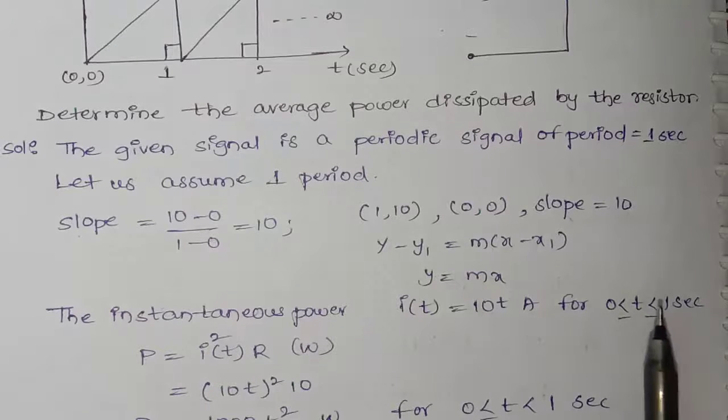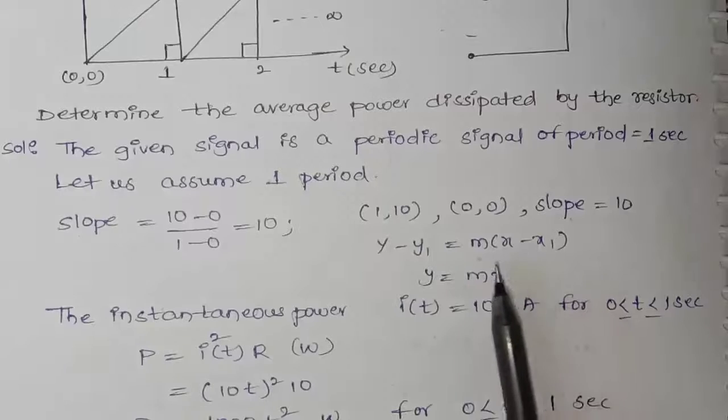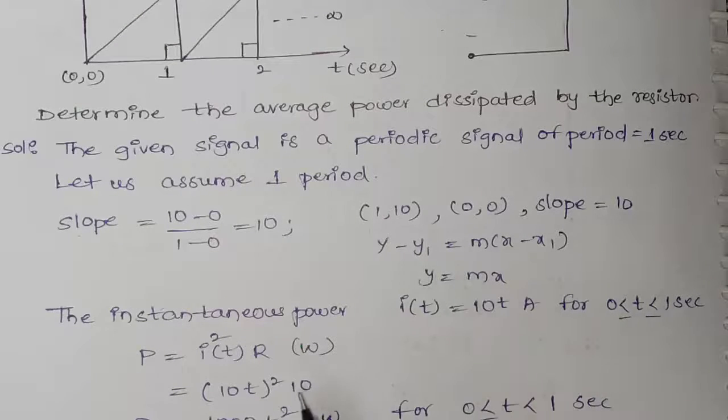Now we have been asked to find the average power. But first we will find the instantaneous power, and we will identify the drawback of this instantaneous power.